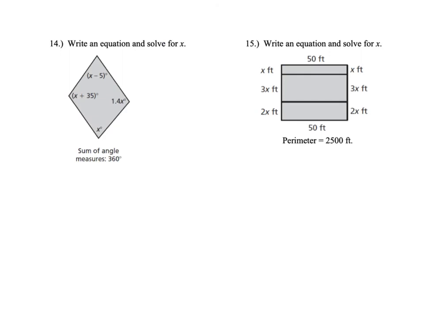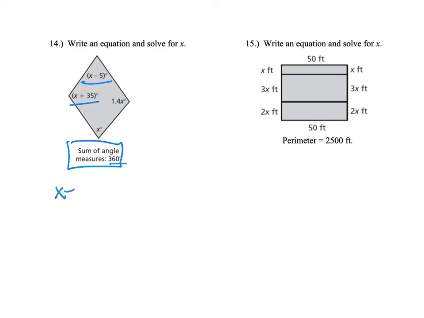Then you have a couple of problems that look like the triangles that we did at the beginning of 1.1 and 1.2. The biggest thing I want you to remember, we'll start number 14, is take out the parentheses. So for these, I'm just going to add them all together. The sum of all the angles is 360.